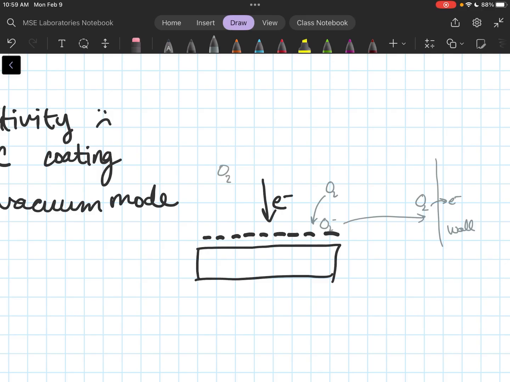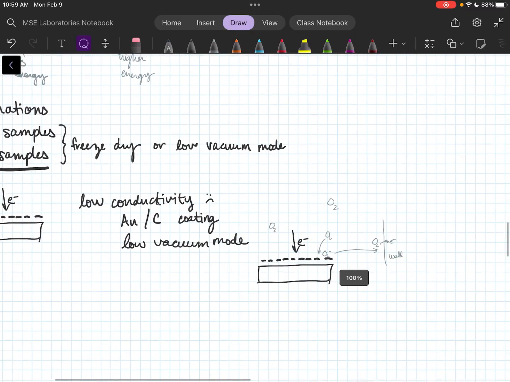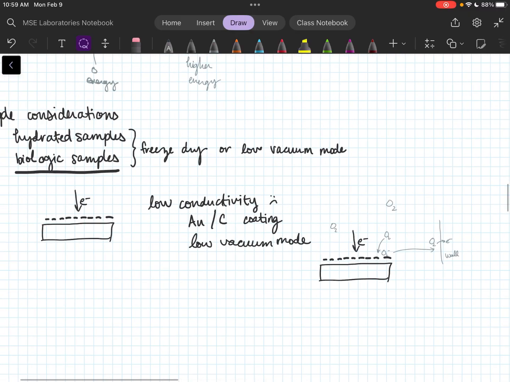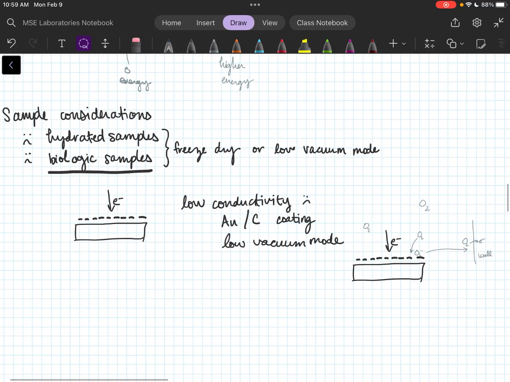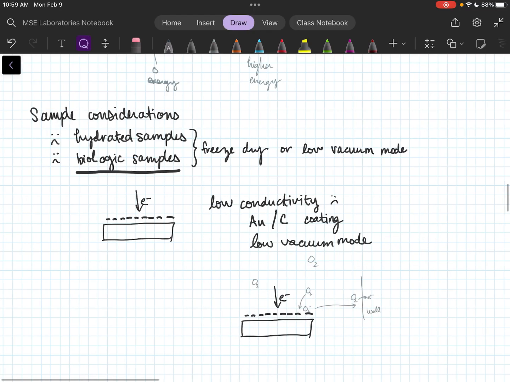And we have enough of these O2 molecules floating around. It's going to mess up our primary beam a little bit, but those oxygens work like a transport shuttle to move the electrons off the surface. It's a little less efficient than carbon coating, but works surprisingly well if you're like, I absolutely cannot coat my material. It works pretty well.